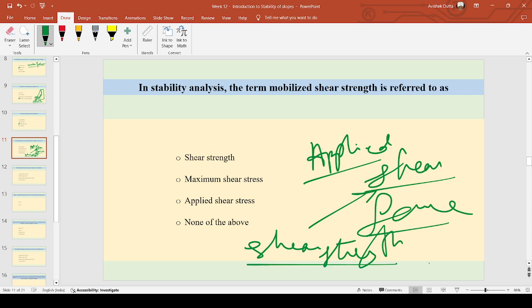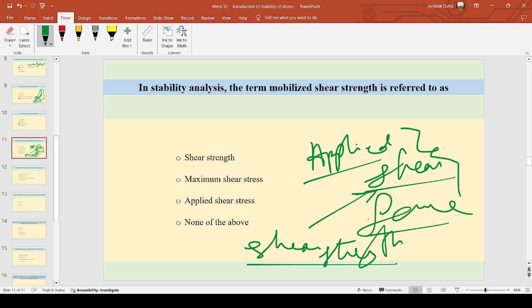The shear strength present in the soil will be mobilized, but not fully. Only a part of the shear strength is going to be mobilized in response to the applied shear force. So here the shear force per unit area is the shear stress, and that shear stress is being resisted by the mobilized shear strength.